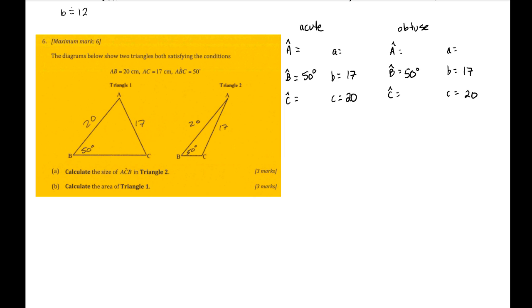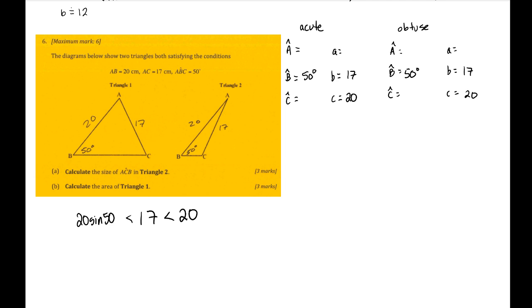And you can see why this one's ambiguous, because remember what I said, that this side length here, the one that's opposite the angle, it has to fall between the side that's touching the angle, and 17 is in fact less than 20, but it also has to be greater than 20 sine the angle, because that would be the height of the triangle.